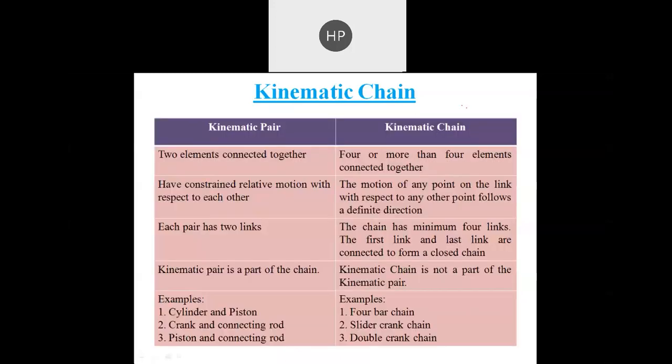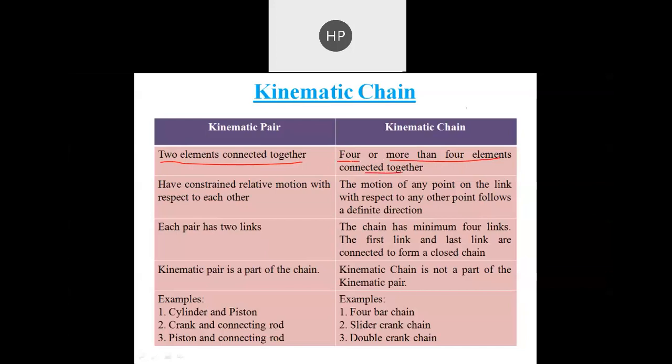Now we will see the difference between the kinematic pair and the kinematic chain. In a kinematic pair, we have two elements connected with each other, while here 4 or more elements are connected together.